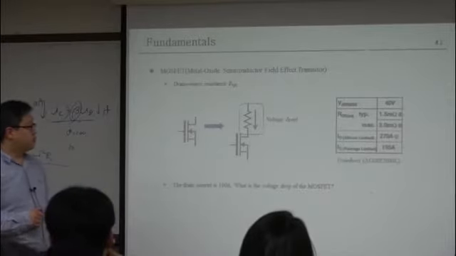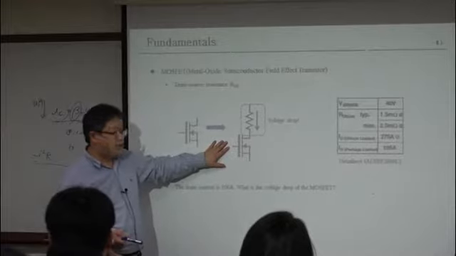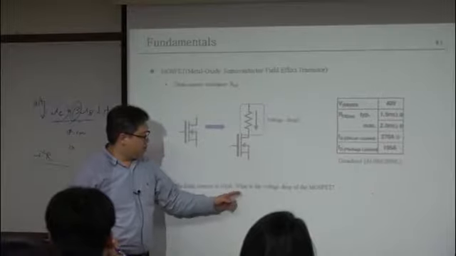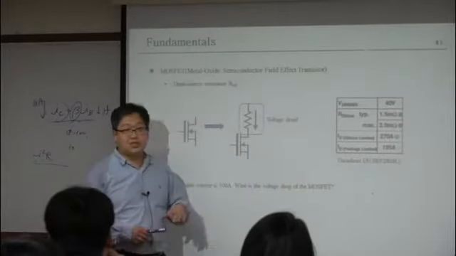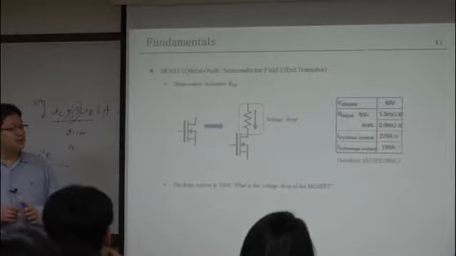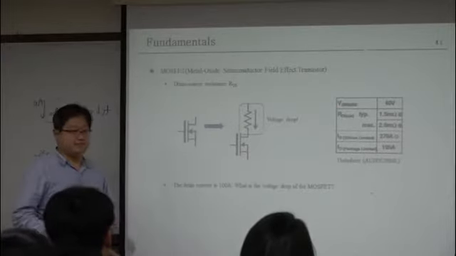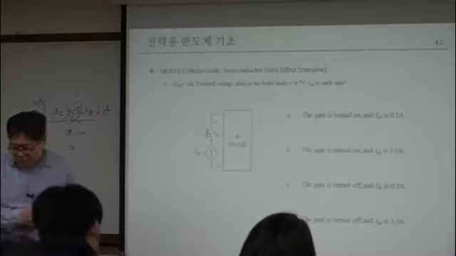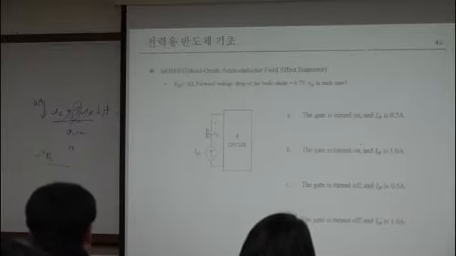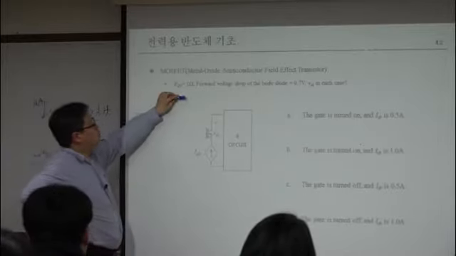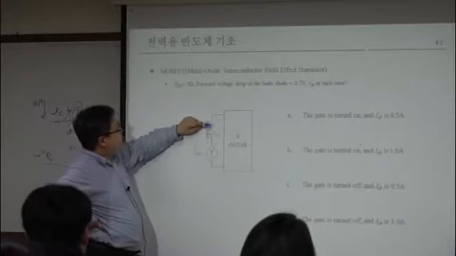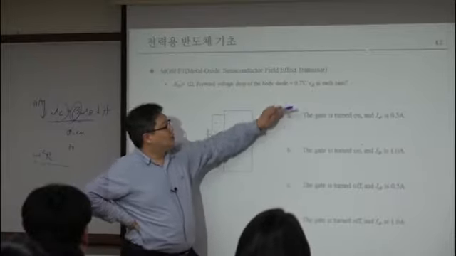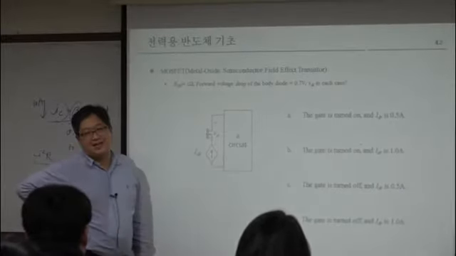Okay, assume that you turn on the gate and the drain current is 100 ampere. Then what is the voltage drop of the MOSFET in this case? 0.15, right? 0.15 here. Okay. Let's try a simple example. Assume that your RDS is 1 ohm. Your voltage drop of the body diode is 0.7 volt. And obtain the VDS in each case.